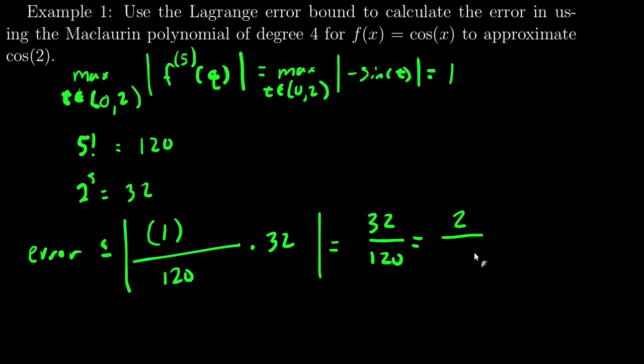When I divide the denominator by 16, let's see. Ooh, did I just lie? I did just lie. It doesn't have 16. It only has 8 in it. So divide the numerator by 8, I get 4. Divide the denominator by 8, and I get 15. So this fourth degree approximation cannot be off by more than 4/15.